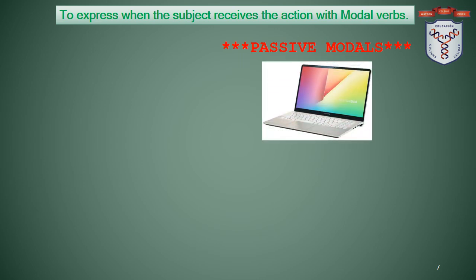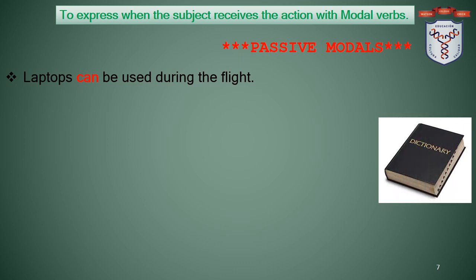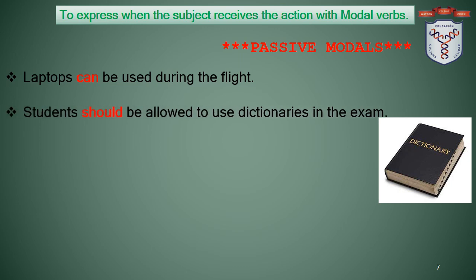Here we have other examples. Laptops can be used during the flights. The subject is laptops, the modal verb is can, the verb to be, and the past participle. The sentence says, students should be allowed to use dictionaries in the exam.